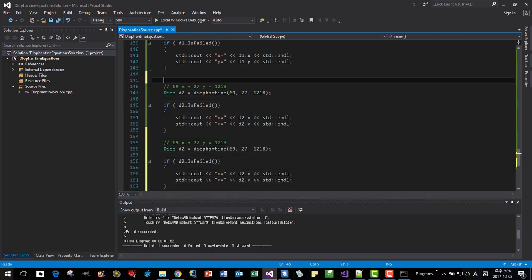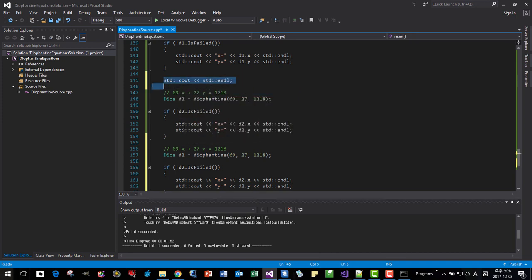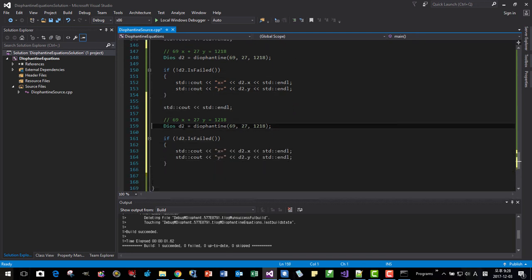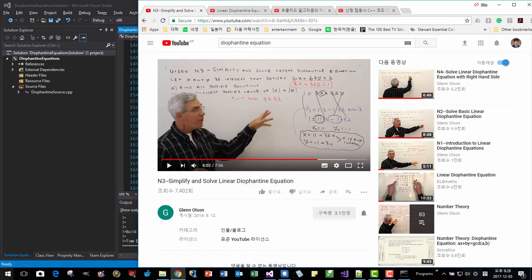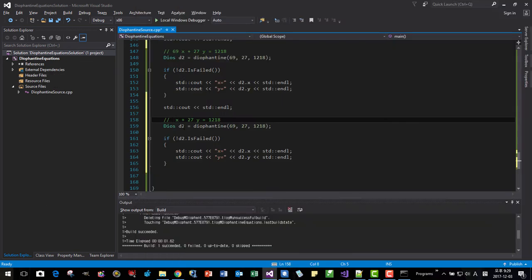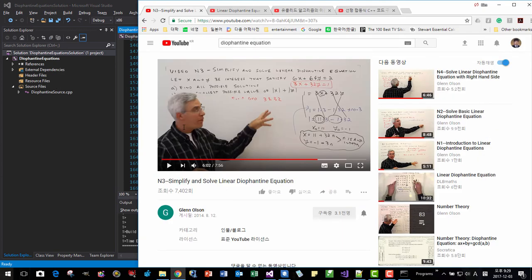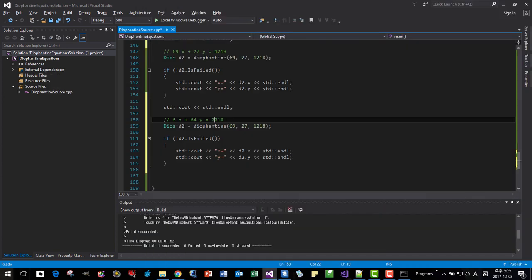I will put std::cout and std::endl. So this should be 6, 64, 2, like this.